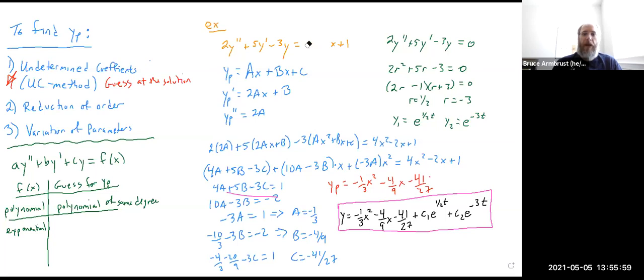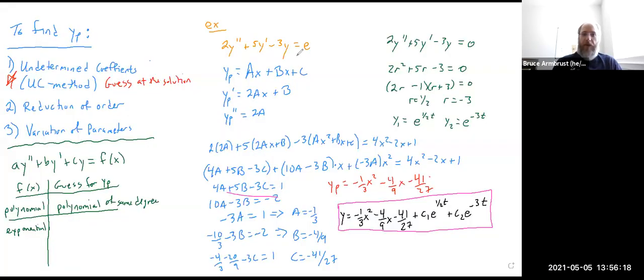And I'm going to change this so that instead of it equaling that polynomial, let's just make it equal, say, e to the t. Whoops. Sorry about that, guys. Pressed the wrong button.